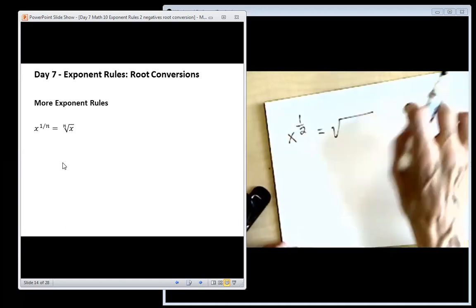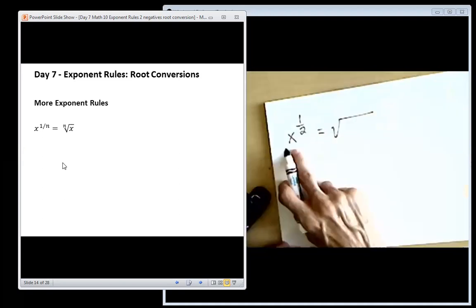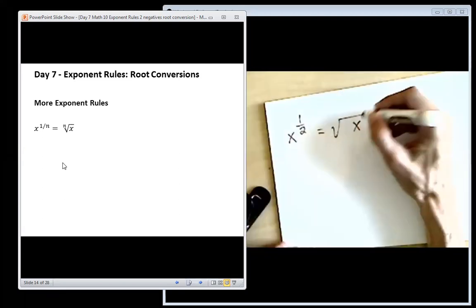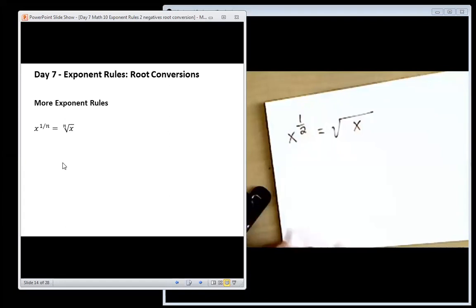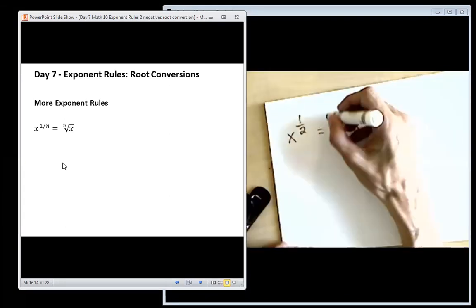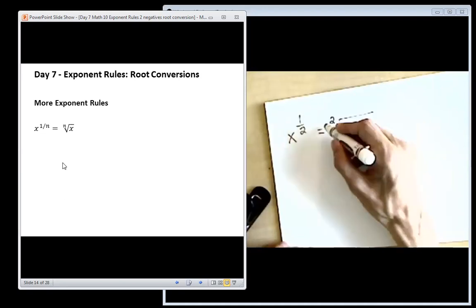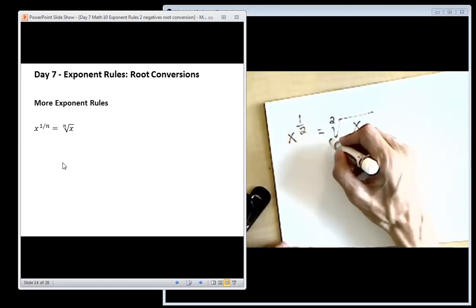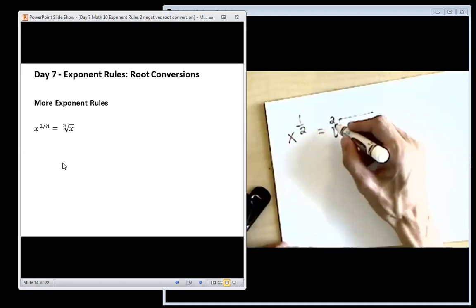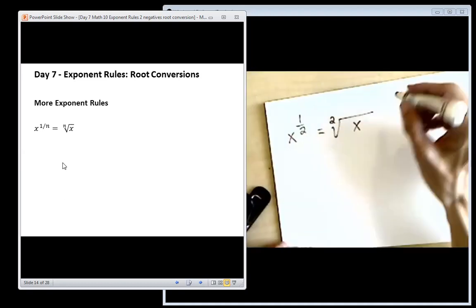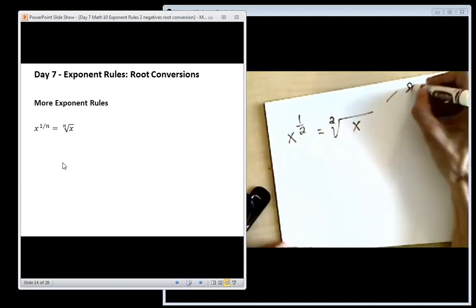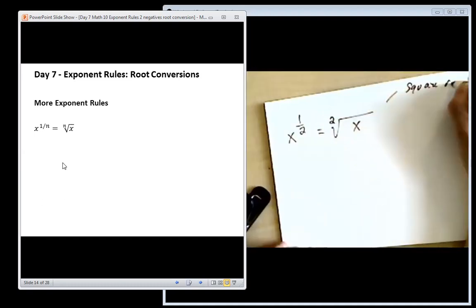So we're taking the root of x. X goes on the inside. Because it's a 2 there, it gets a little 2 here. Not a big 2 in front. It's not multiplication. It's just telling you if it's going to be a square root, a cube root, a fourth root, or something like that.